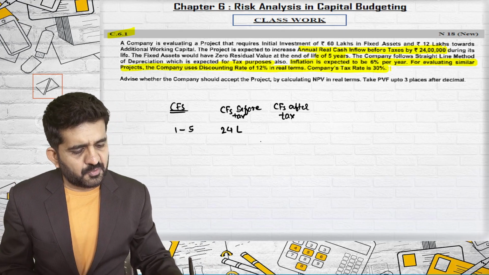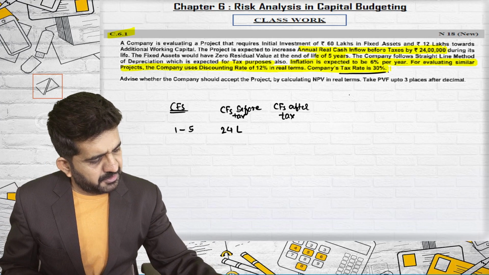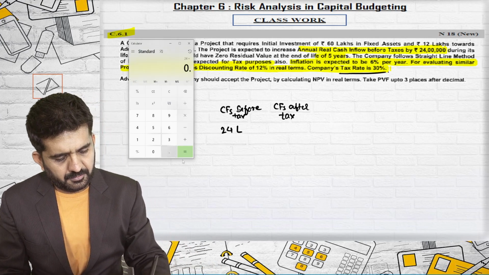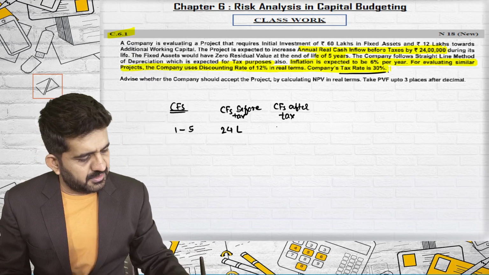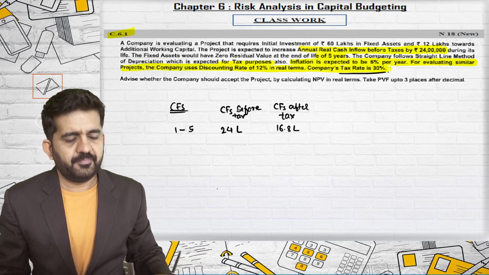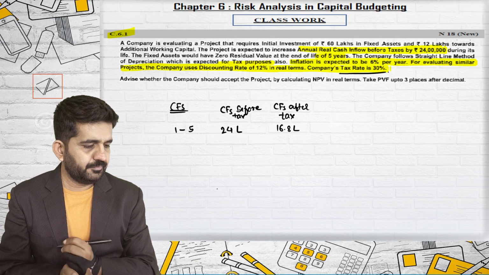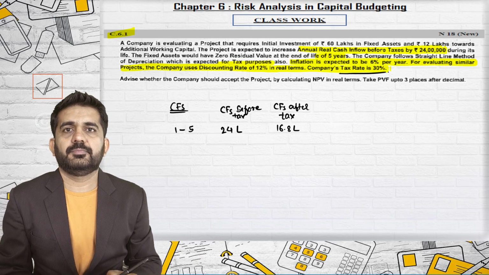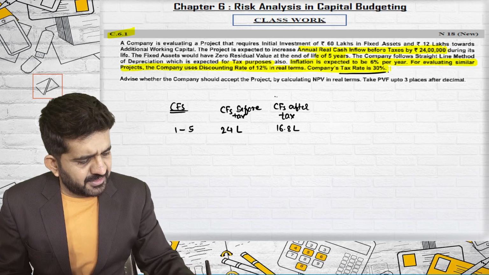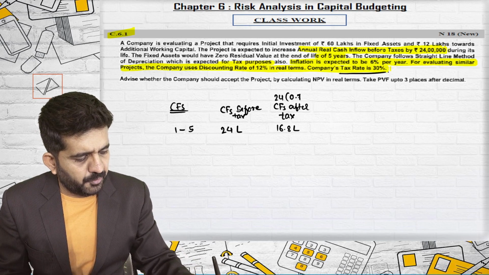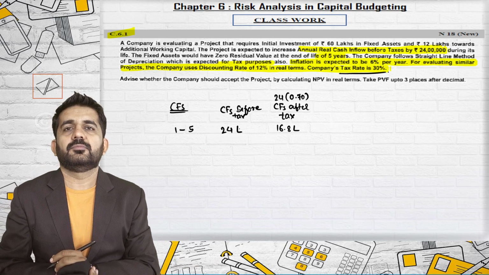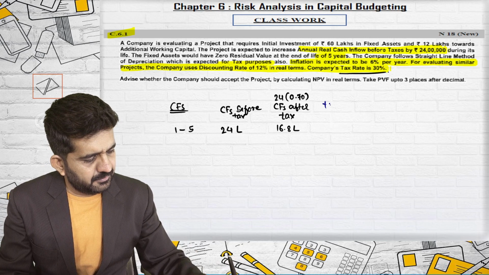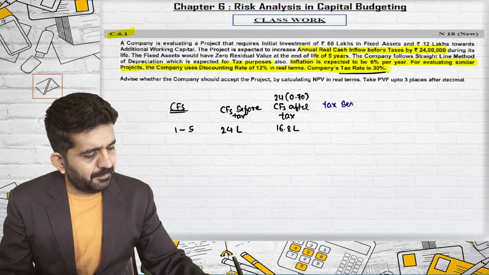Company's tax rate is 30%, so 24 lakhs into 70% is 16.8 lakhs. This is cash flow after tax. I have done 24 into 0.70, that is 1 minus t.